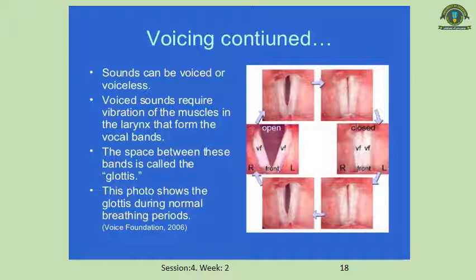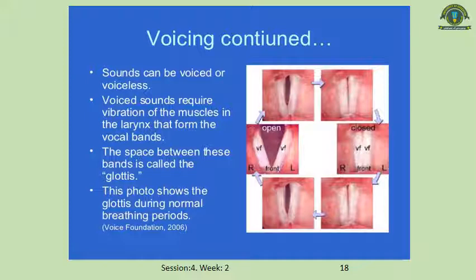Can you see the position of those flaps, the muscles? Sounds can be voiced or voiceless. Voiced sounds require vibration of the muscles in the larynx that form the vocal bands. This is what we have learned from the previous slide, that vocal bands are there, and we have to understand what the vocal bands are.